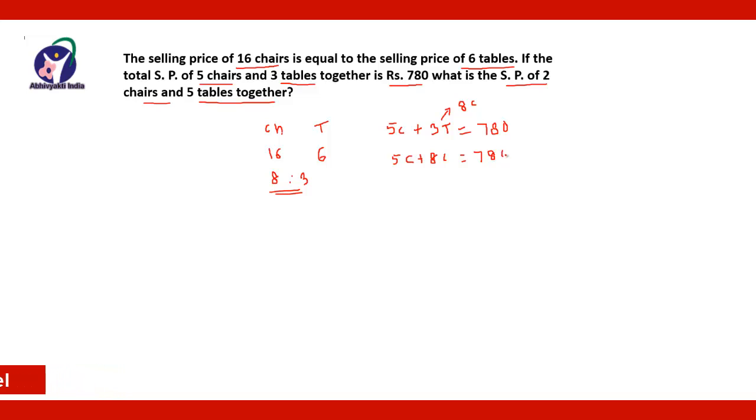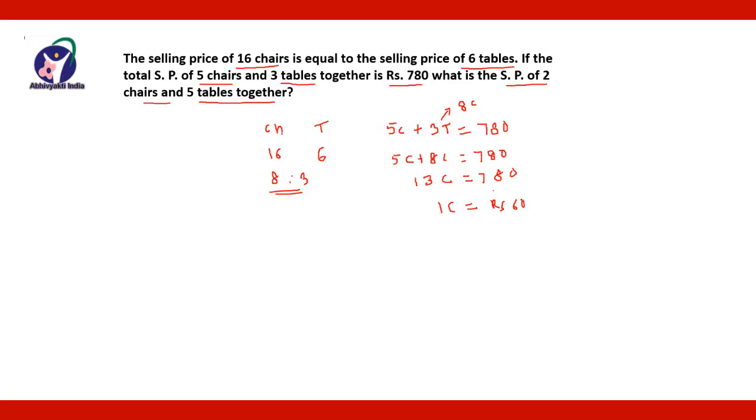So it will be 13 chairs that is equal to 780, and therefore cost of 1 chair will be equal to 780 divided by 13, and that is equal to rupees 60.